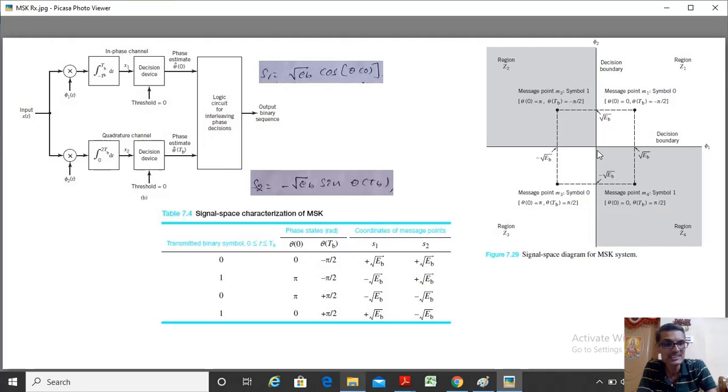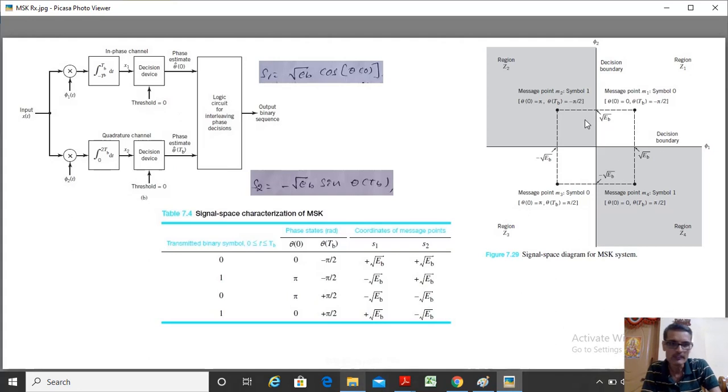If x1 is less than 0, theta of 0 is always equal to pi. The value of that is either 0 or pi, and the value of this component is either minus pi by 2 or plus pi by 2, correct? So based on the value of x1, the estimation can be done very easily. Either it is equal to 0 or pi.